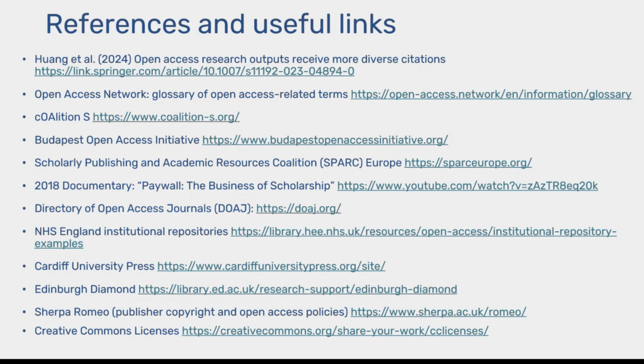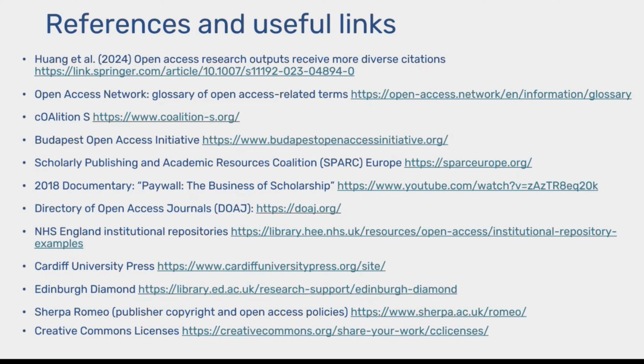The way you can check whether you're able to do that is via the Sherpa Romeo tool. If you're looking for those particular articles and you're met with a paywall, then the option would be that you could search in repositories. They could be the subject repositories that Rachel mentioned. It could be ResearchGate, where you could see if a preprint or accepted manuscript version is in there, or it could be the institutional repositories as well.